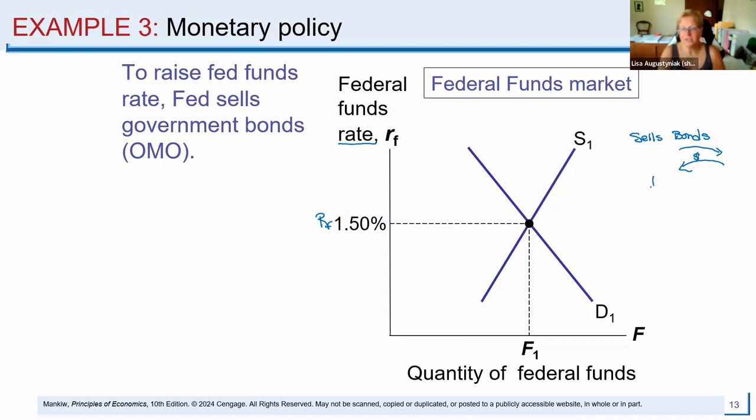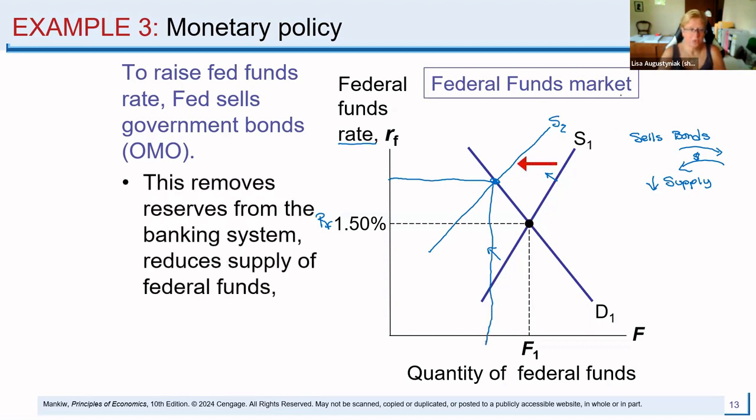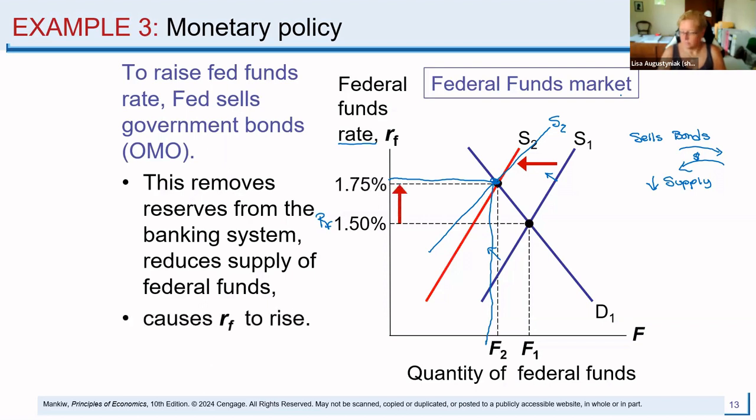So the selling of bonds will decrease the supply of federal funds, shifting this inward and to the left to S2. We're going to end up with a higher interest rate and a lower quantity of loanable funds. There, that's much prettier. Let's look at it that way.